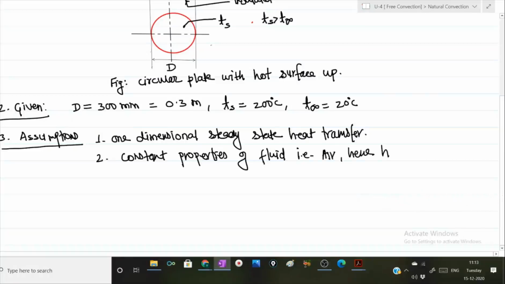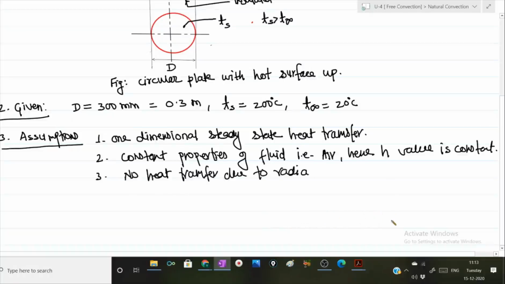Hence, h value for air is constant. Assumption number 3. No heat transfer due to radiation. Assumption number 4. We are assuming the surrounding fluid as air.